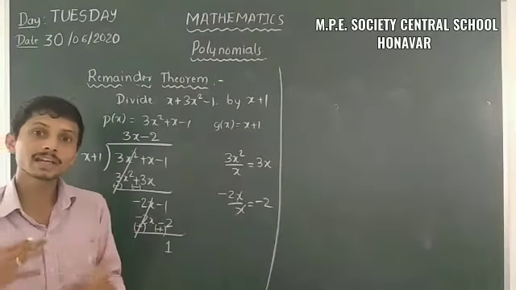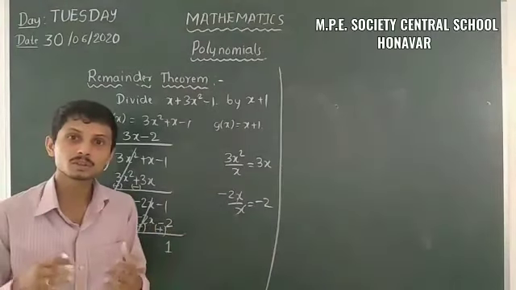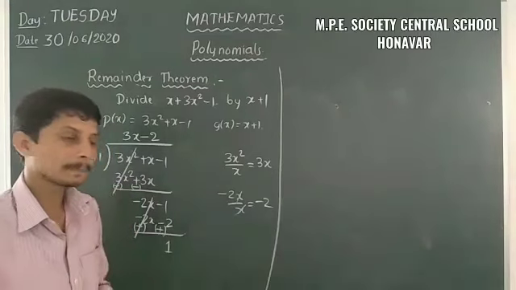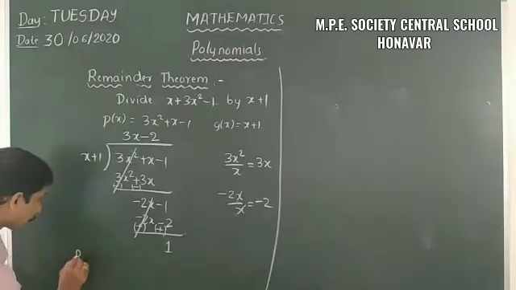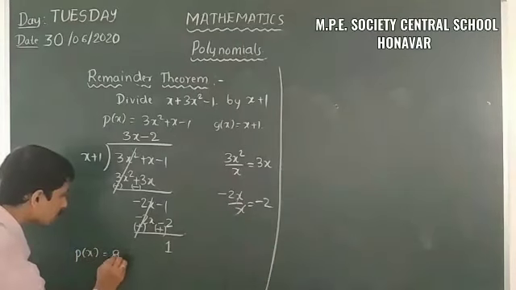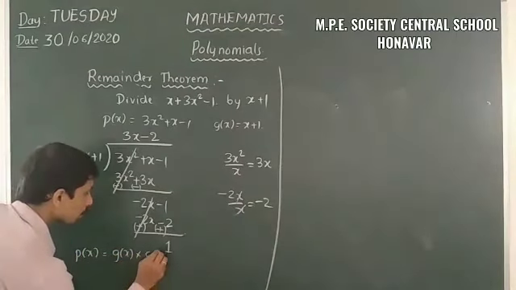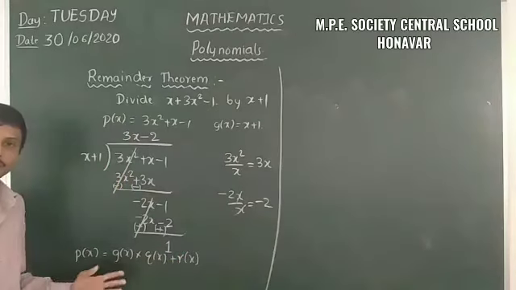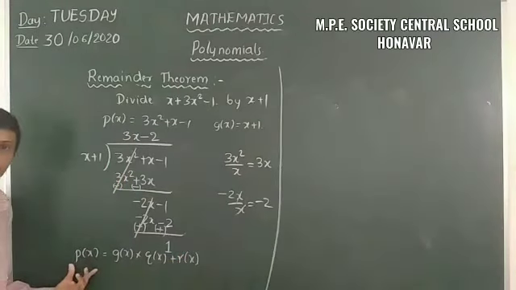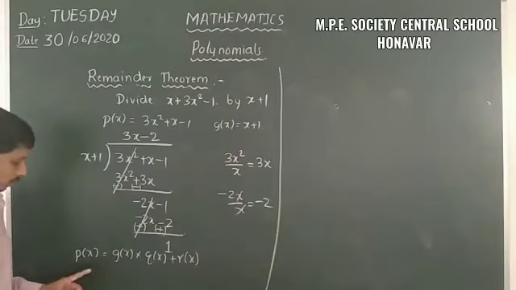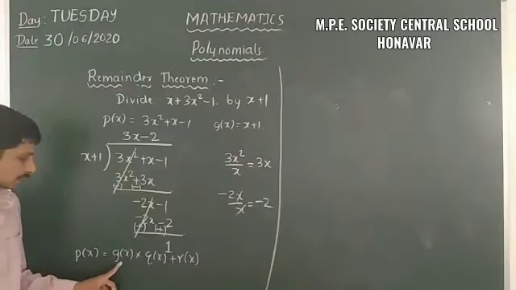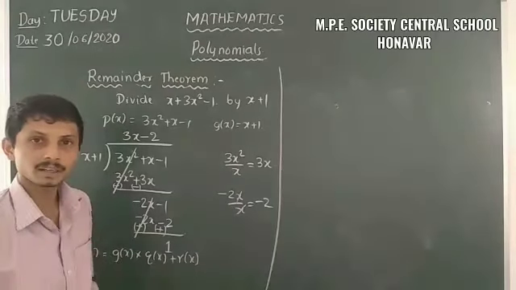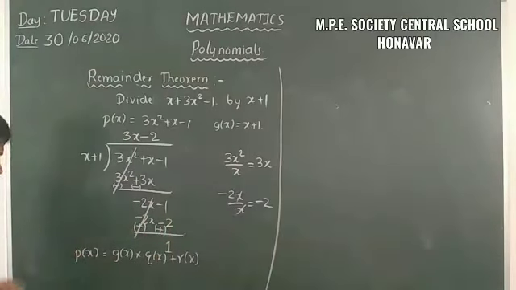After that we have to express it in the form of dividend is equal to divisor into quotient plus remainder. That is p of x is equal to g of x into q of x plus r of x. We already know what these terms are. P of x is a polynomial of degree greater than or equal to 1. That means p of x is the dividend, g of x is the divisor, q of x is the quotient, and r of x is the remainder. So we have to express it in this form.